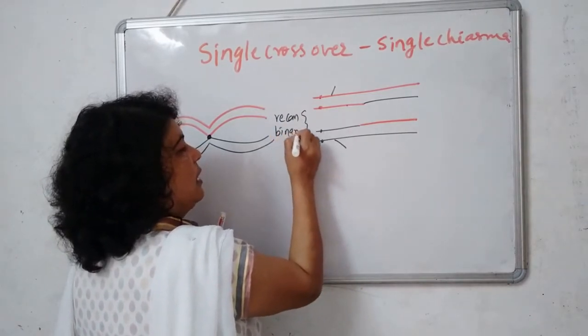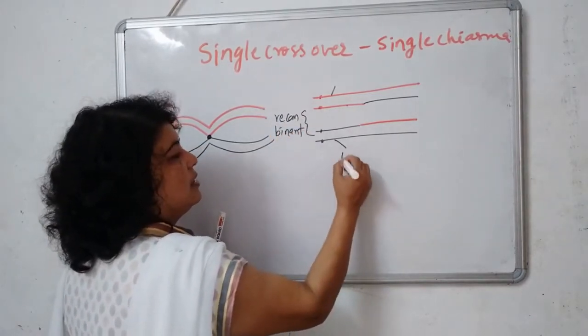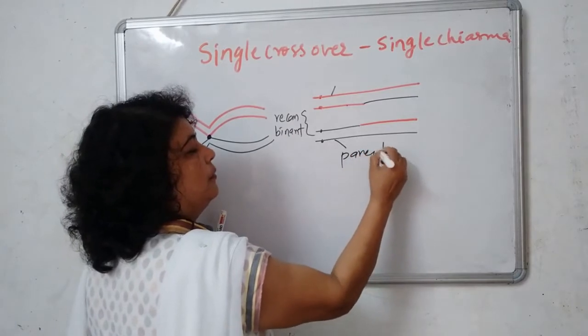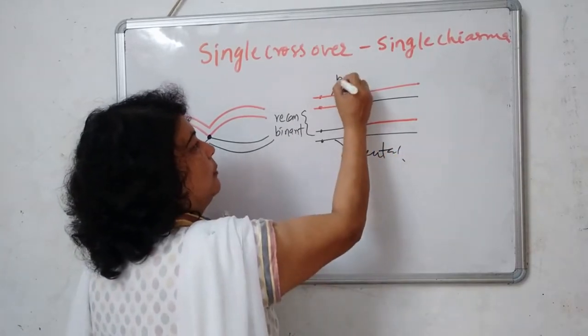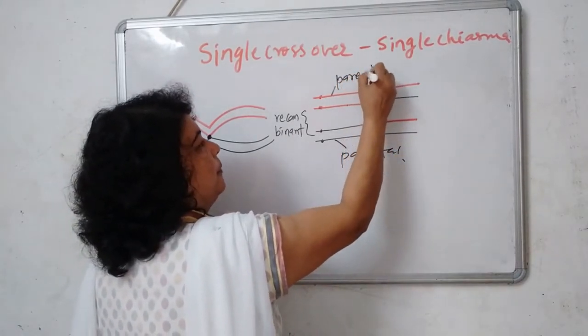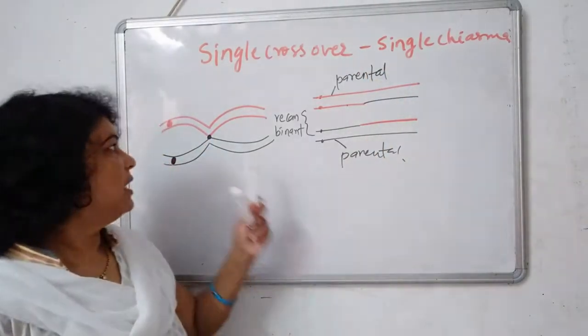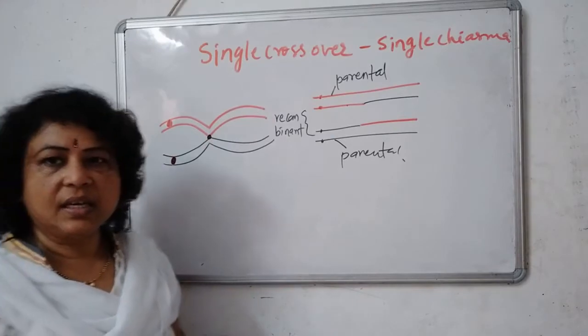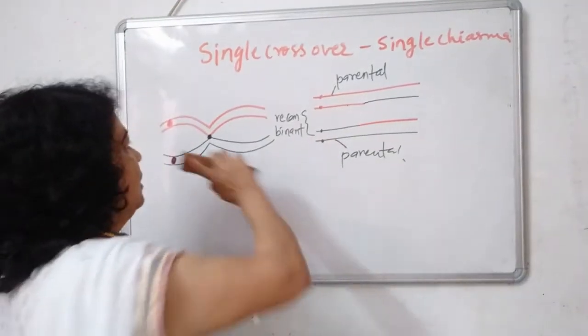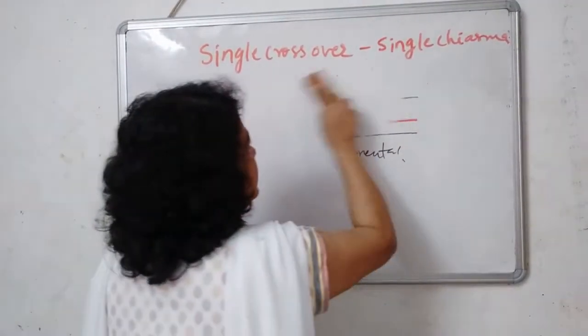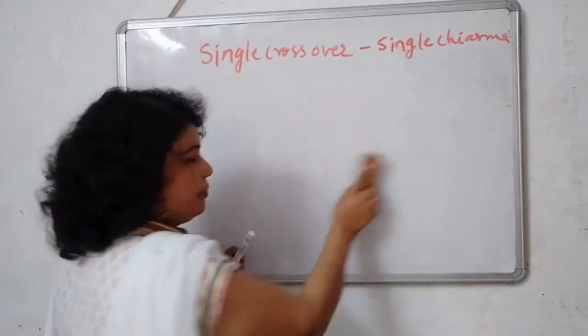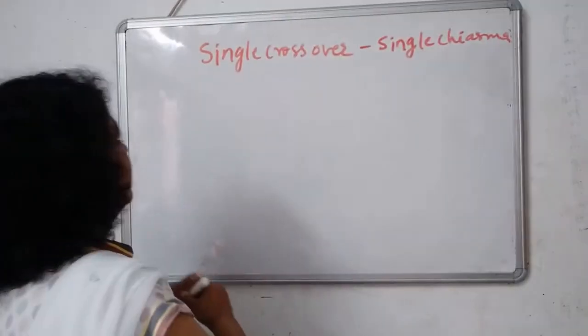These are the recombinants, and this is also of parental type. So it is a single crossover, where a single chiasma is produced. Then the next is the double crossover.